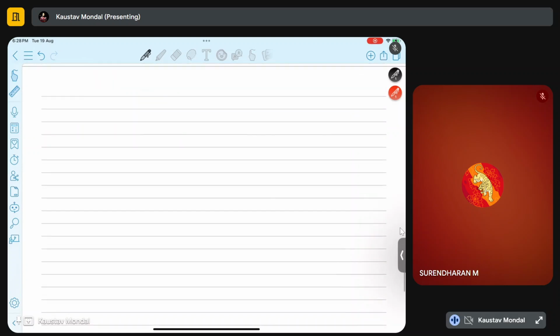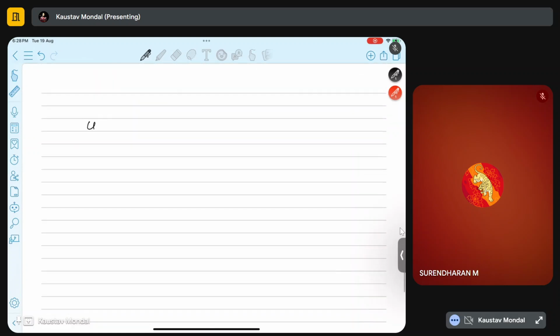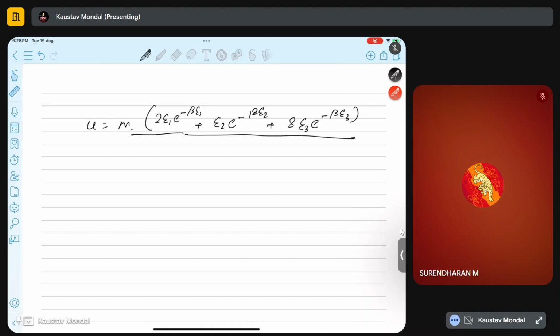That gives you the final expression of the internal energy: 2 epsilon 1 e to the power minus beta epsilon 1 plus epsilon 2 e to the power minus beta epsilon 2 plus 3 epsilon 3 e to the power minus beta epsilon 3, and this whole thing is divided by 3 plus 2 e to the power minus beta epsilon 1 plus e to the power minus beta epsilon 2 plus 3 e to the power minus beta epsilon 3.